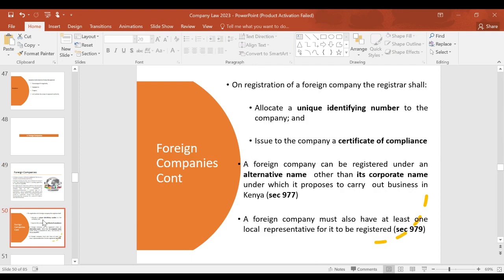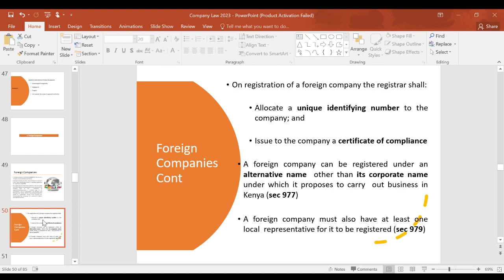And now, the moment the registrar of companies identifies that all these requirements under sections 974 to 976 have been met, the registrar will go ahead to register this foreign company to operate in Kenya.